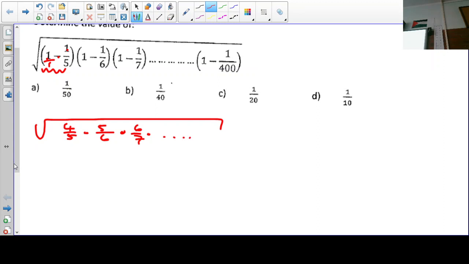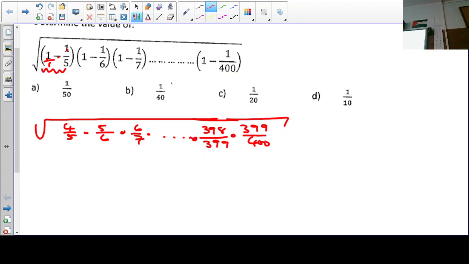And so on. The last term is 400 minus 1, which is 399 over 400. The one prior to that is going to be 398 over 399.